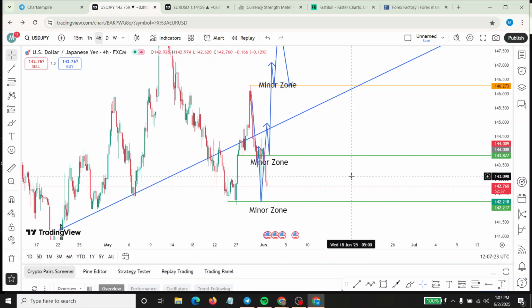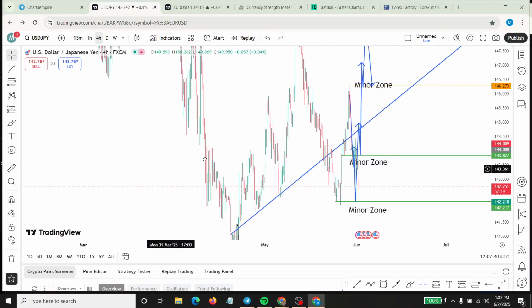If we are doing our analysis from the weekly, we want to use the 4 hour for direction. If we are starting our analysis from the 4 hour, we want to use the 15 minutes for entry. And now let's assume we intend to swing this particular trade.